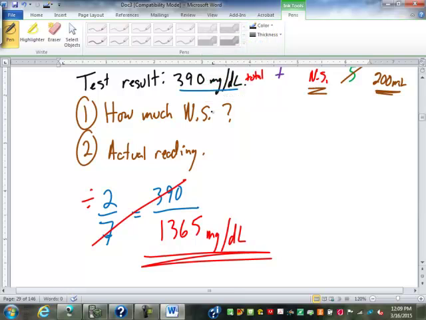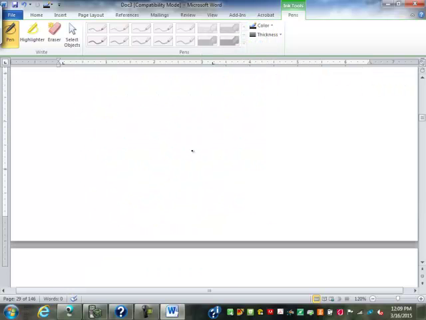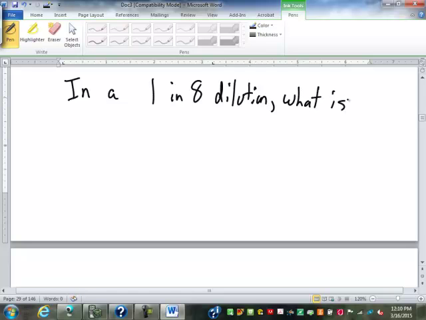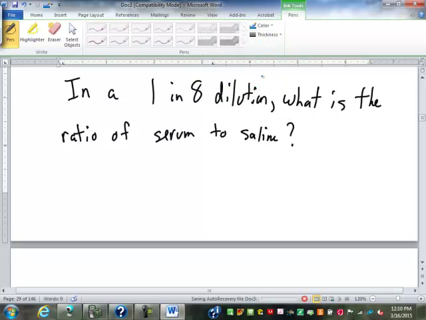So just a quick review. In a 1 in 8 dilution, what is the ratio of serum to saline? Give you a second to think about that.